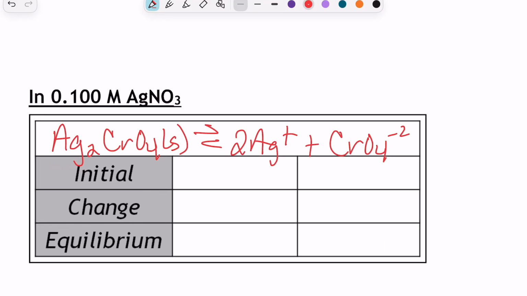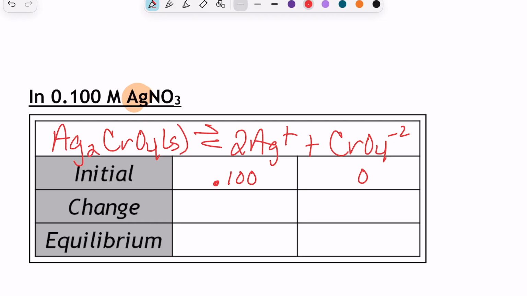The common ion in this case is the silver, because silver nitrate has silver ions in it. What that really means is it's a solution that already has 0.1 molar of silver in it. So our initial concentration of silver is going to be 0.100. Instead of starting with 0, like we did in pure water, we're starting with 0.1 molar of silver.